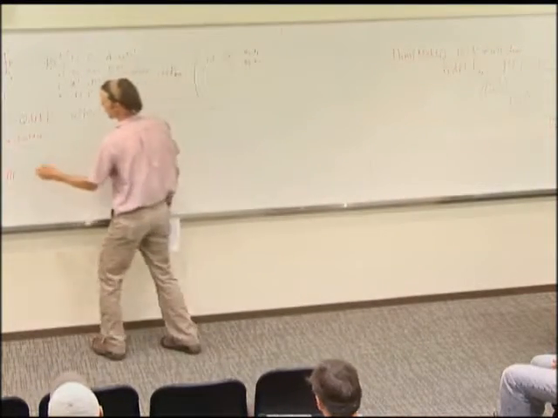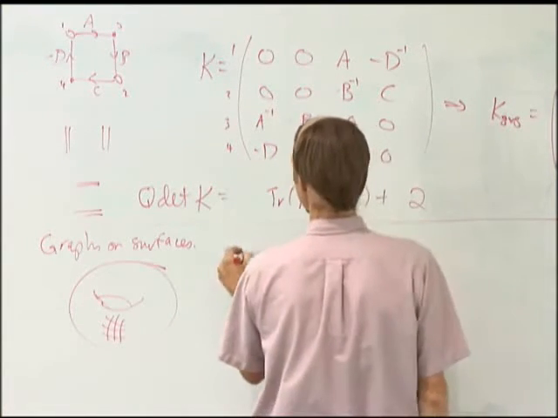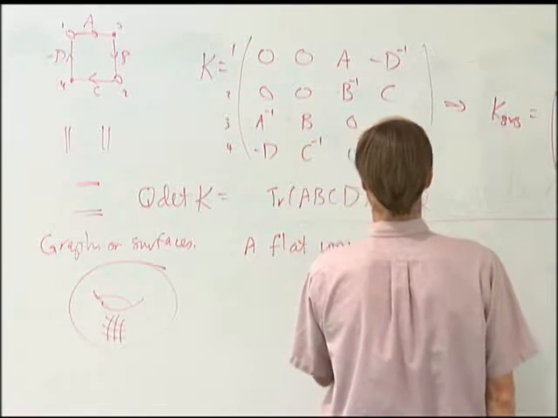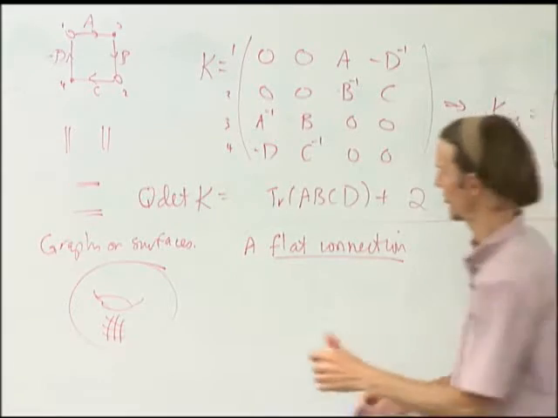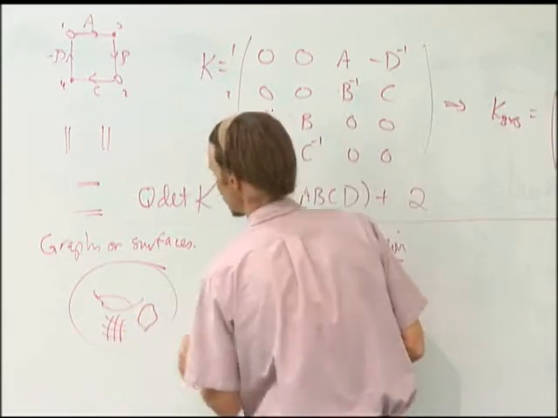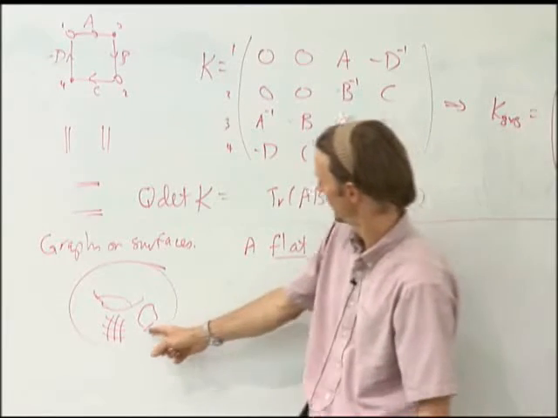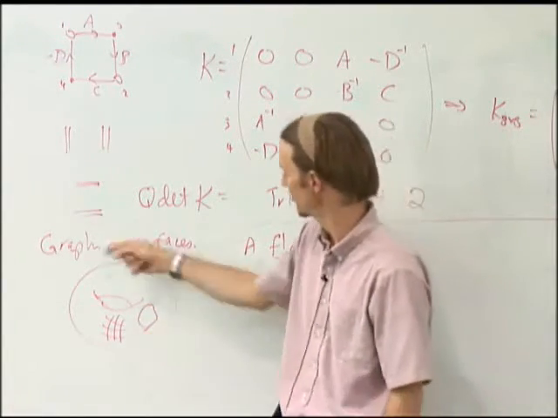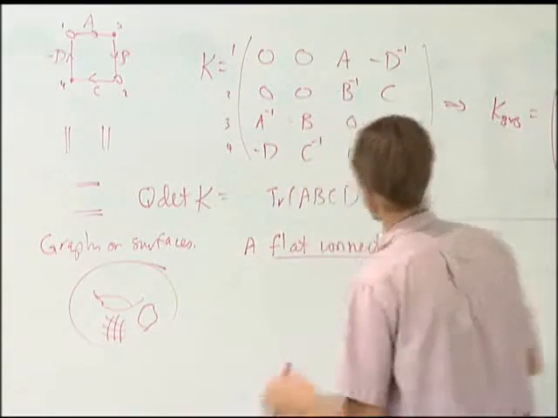So in this case, it's natural to look at flat connections. A flat connection is one where there's no monodromy around topologically trivial loops. So it's a connection which, if you look at the monodromy around a loop, you get the identity unless the loop is a topologically non-trivial one.